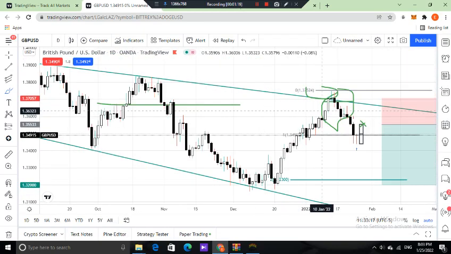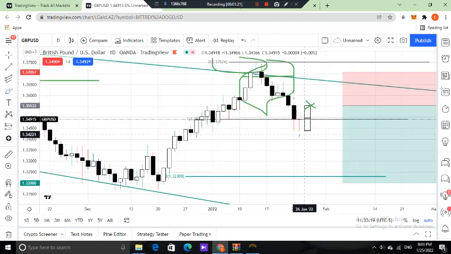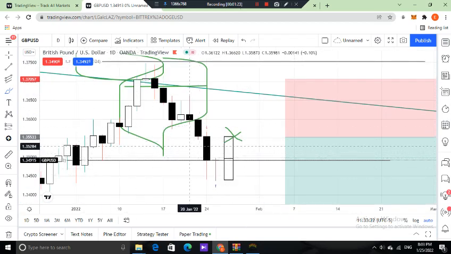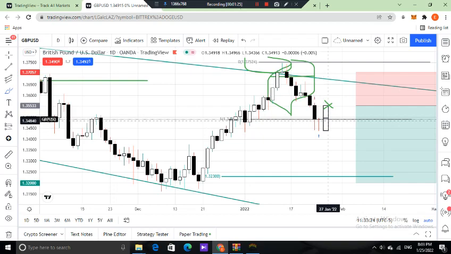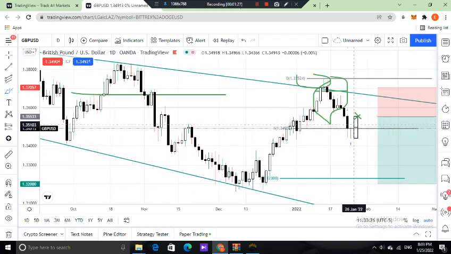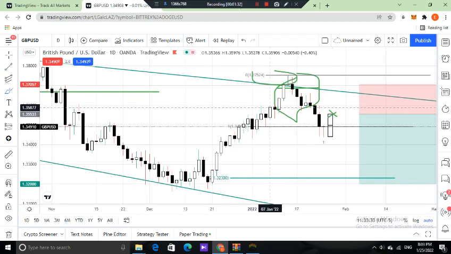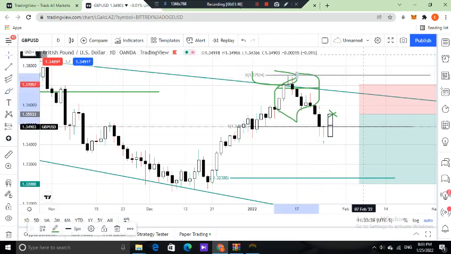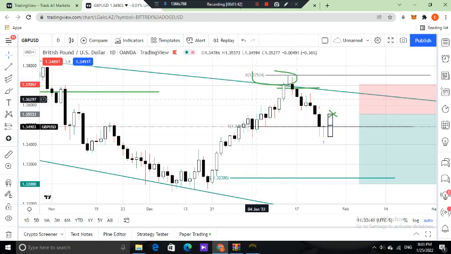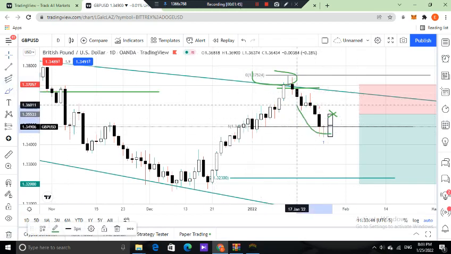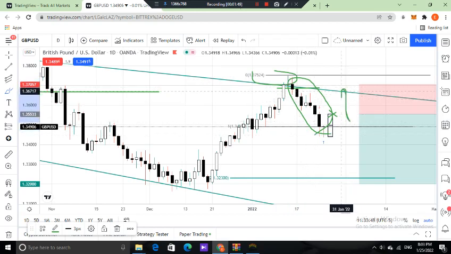we have this leg down, and it seems it's going to have a pullback here, because when you use this Fibonacci channel and this measured move down, if you consider this one as a first leg, it's a strong breakout.